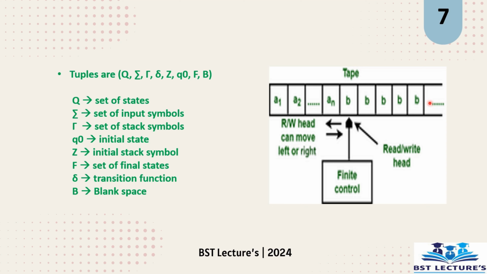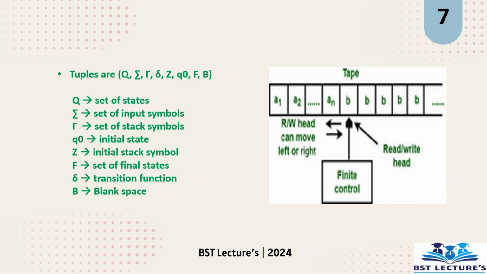B represents the blank space. Here we have the same 7-tuple notation as the previous one, with the extra one being the blank space B. About this we can learn further in the next lectures in a detailed view.